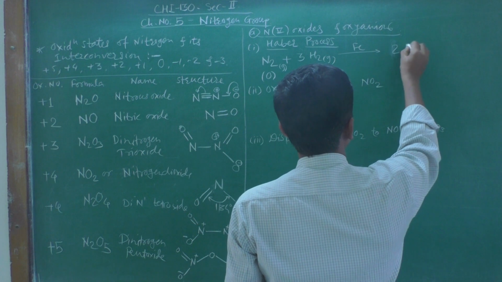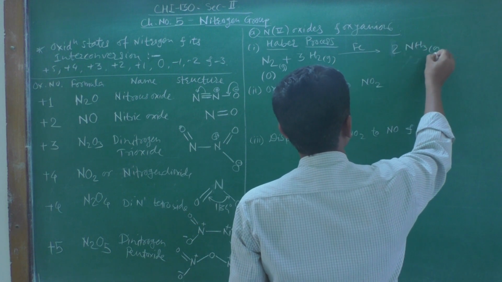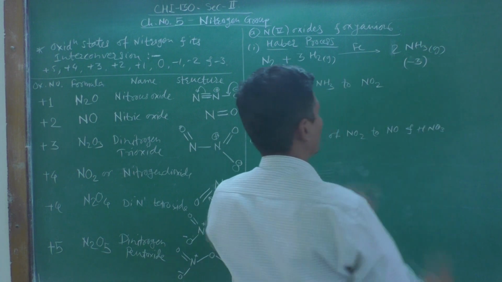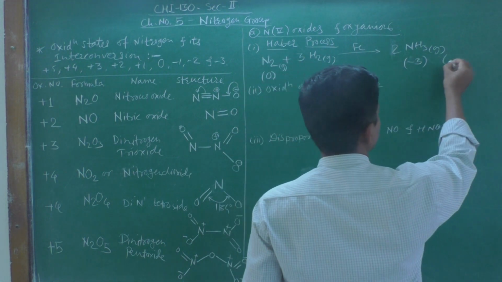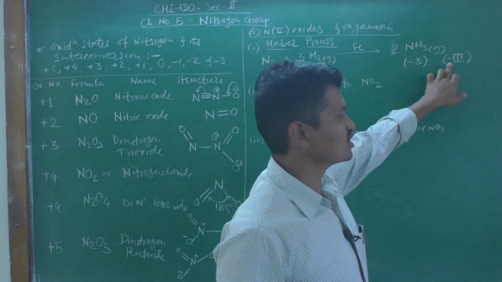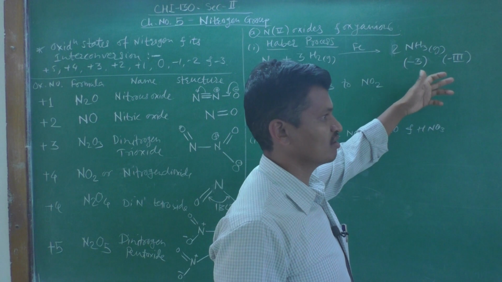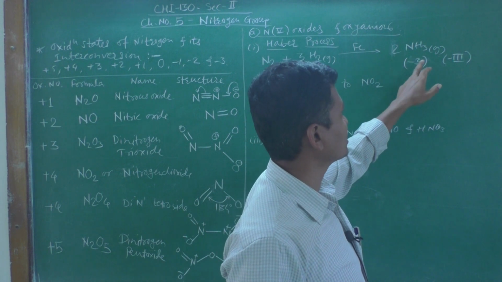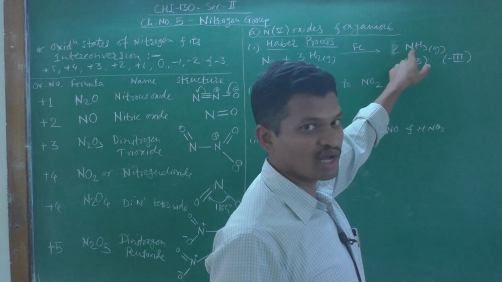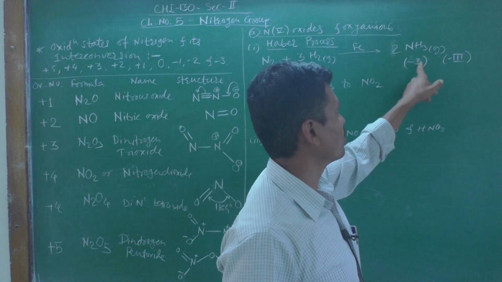So, 2 NH3, ammonia gas, is produced, and in this ammonia the nitrogen exists in the -3 oxidation state. It may be written in Roman numerals, either way. In this ammonia, the nitrogen atom is present in the -3 oxidation state.